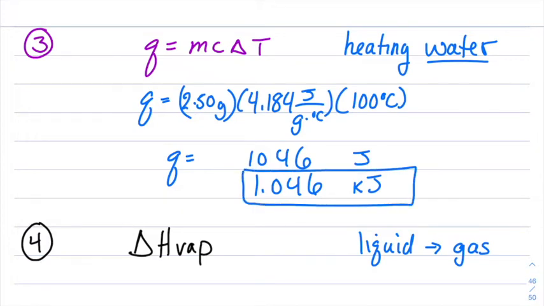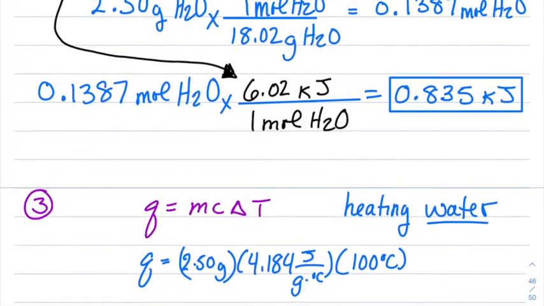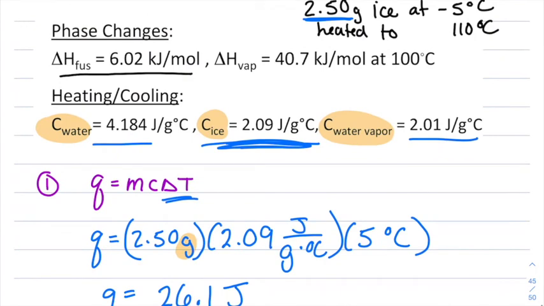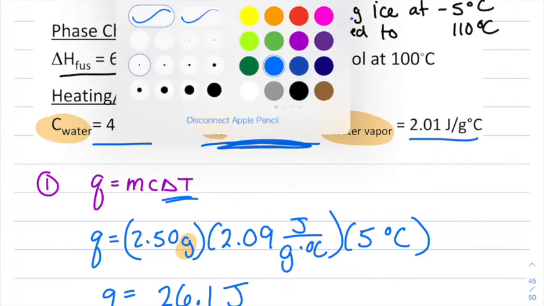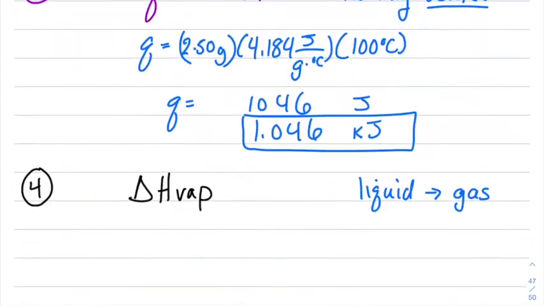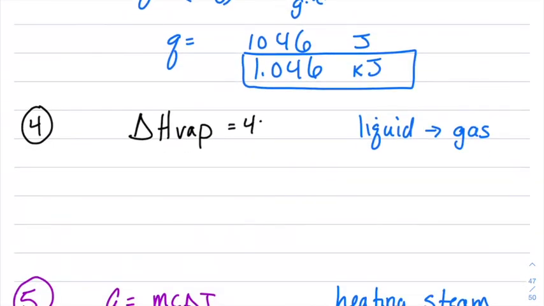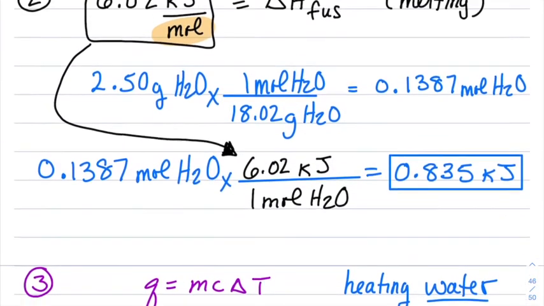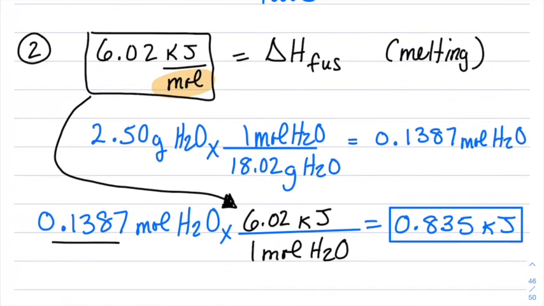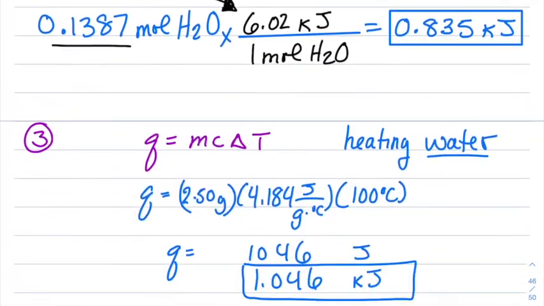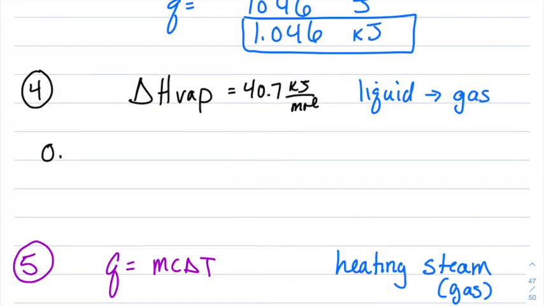All right, so next up you did delta H of vaporization, and delta H of vaporization was 40.7 kilojoules per mole. And we had already found our moles above. We said that we had 0.1387 moles.